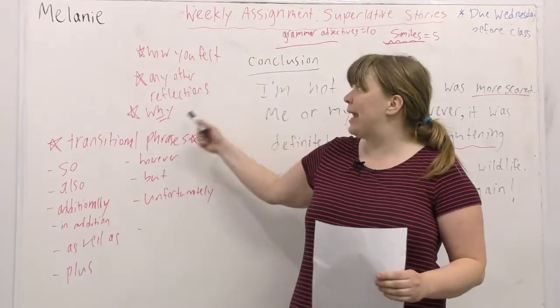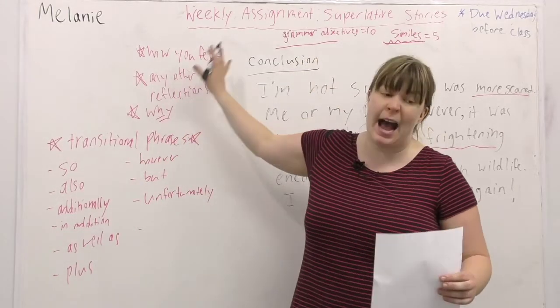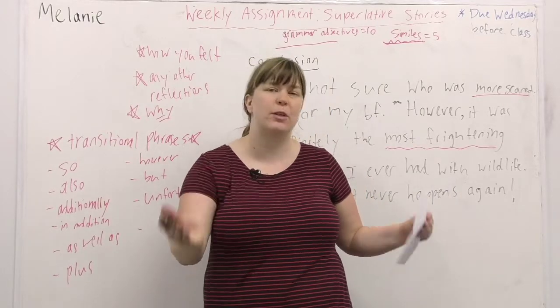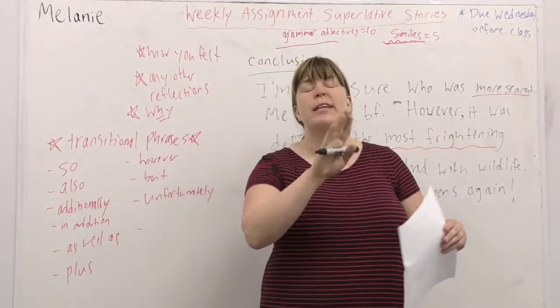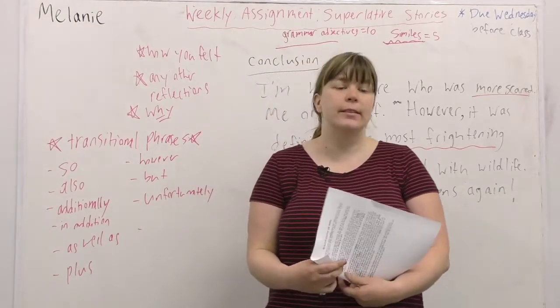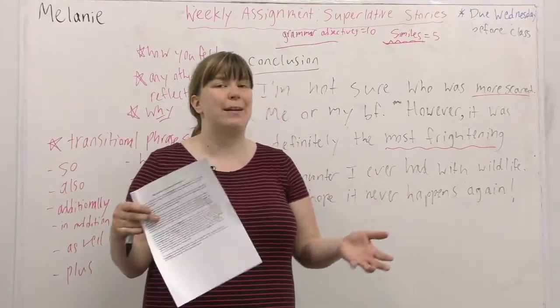And you could kind of answer some of these or one of these in your conclusion. You don't have to do this. It's just a suggestion that I have for you if you want to think of a nice way to end your story. Okay, so that is basically what I hope to see out of your assignment.